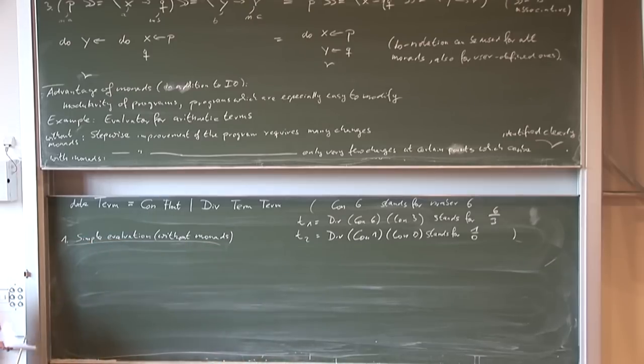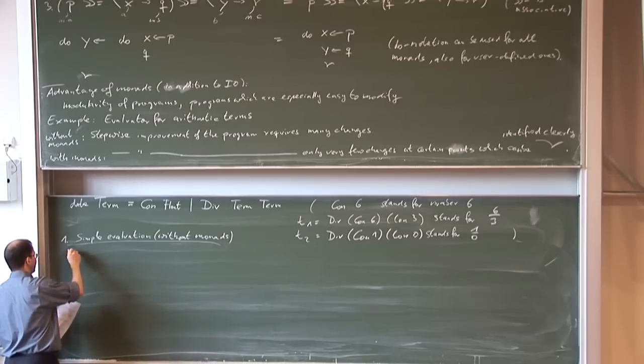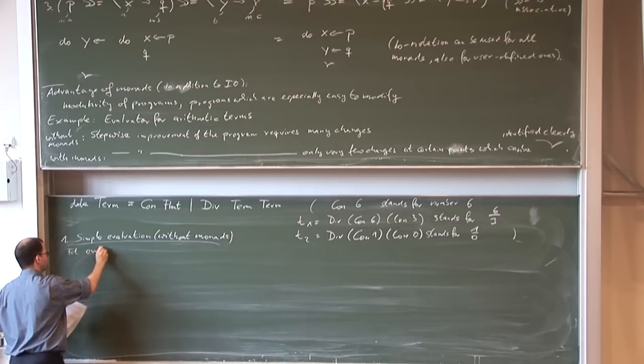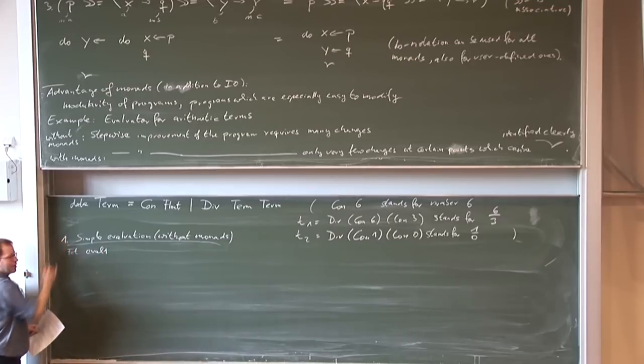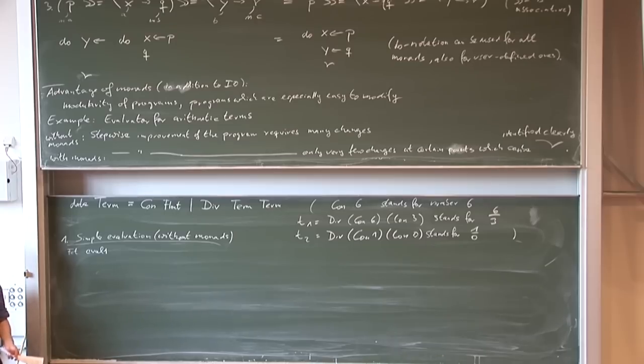So our goal is to write an evaluator, a function eval, which takes a term and gives you back an object which can then be printed on the screen. So our goal is to write a function eval. I call it eval1 because this is the simple evaluation, and when we improve it, we will call the next version eval2.